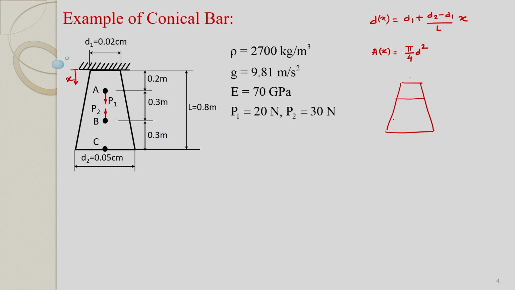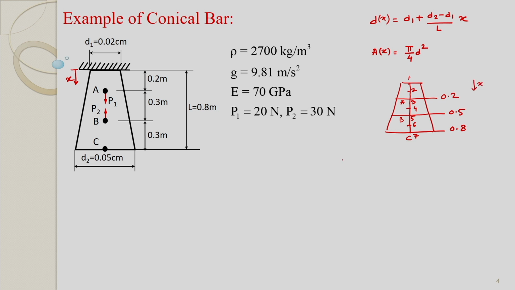So we can divide it into 3 elements between the top point and point C. So this is our node 1, node 2, node 3, node 4, node 5, node 6 and node 7. This is at point 2, point 5, point 8. These are the x coordinates.